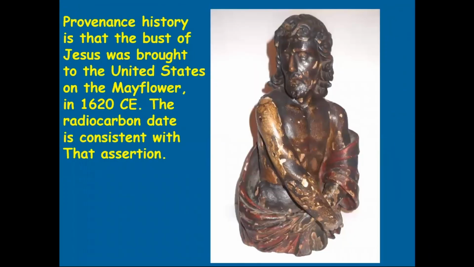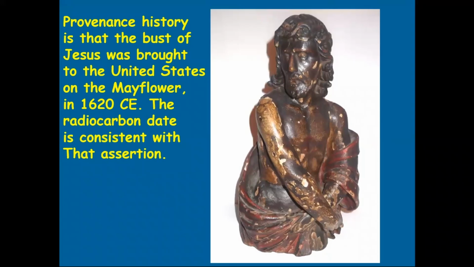We were also given a bust of Jesus. The provenance history was that the bust had been brought over on the British ship, the Mayflower, in 1620. So the question was, would the date on that be compatible with it being brought over on the Mayflower?